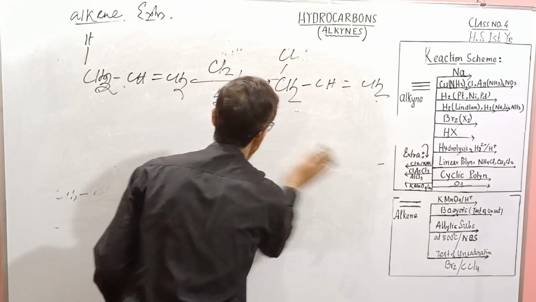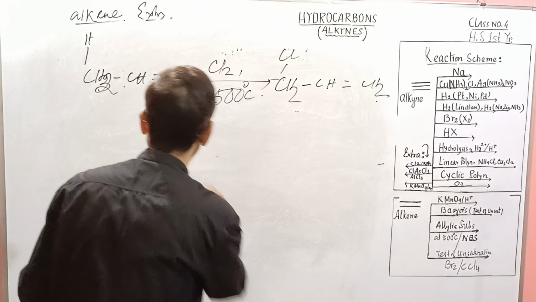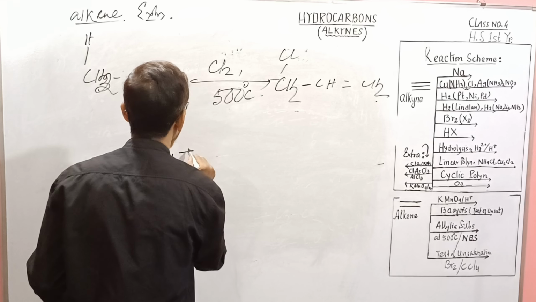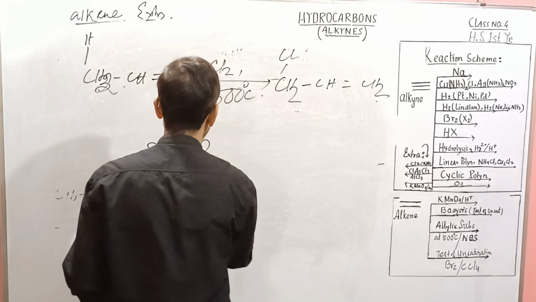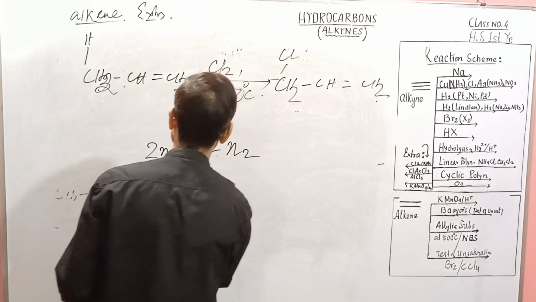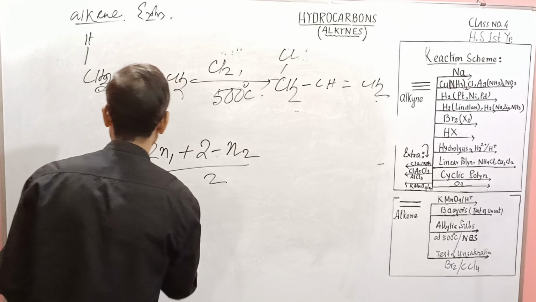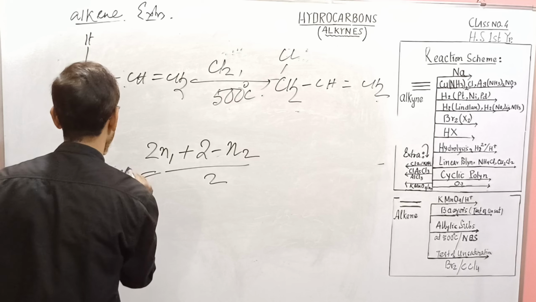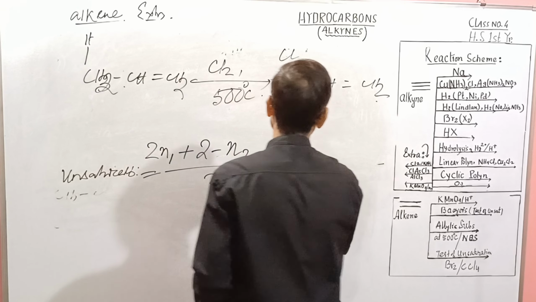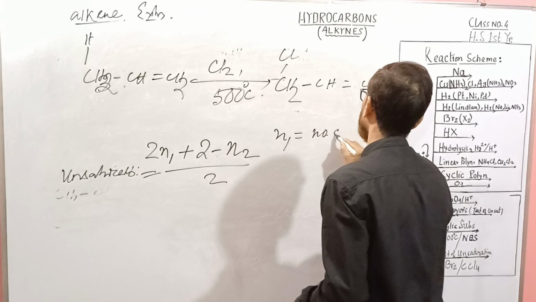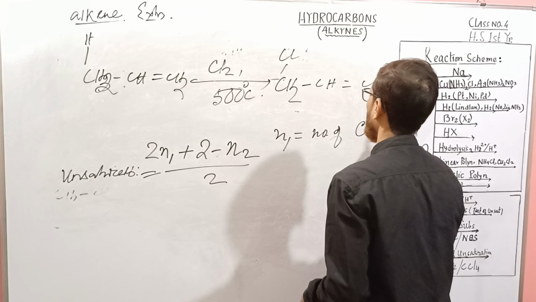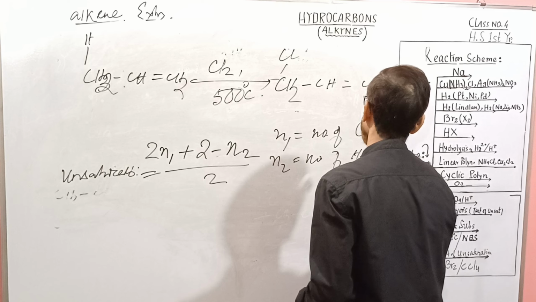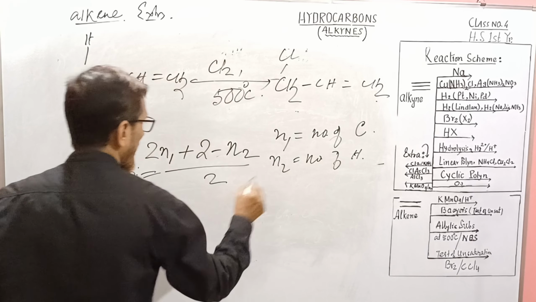At the very last, I am showing you a very important formula: 2n1 plus 2 minus n2, divided by 2, is equal to the unsaturation, where n1 is the number of carbons and n2 is the number of hydrogens.